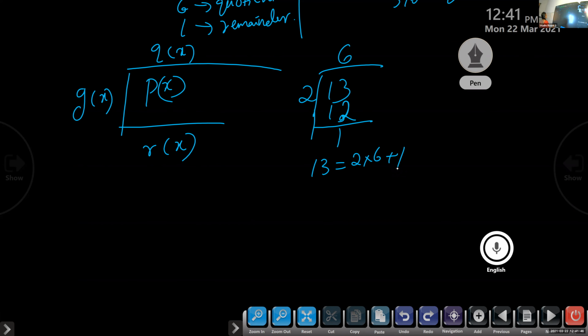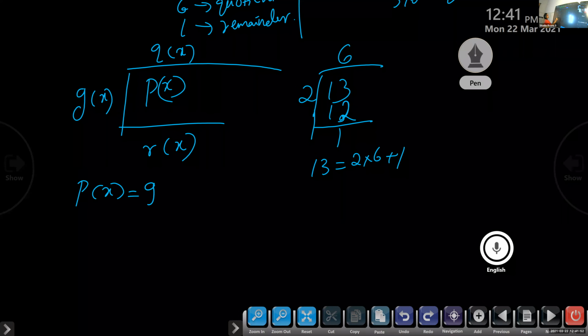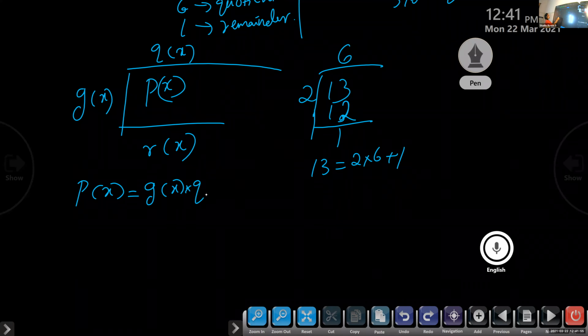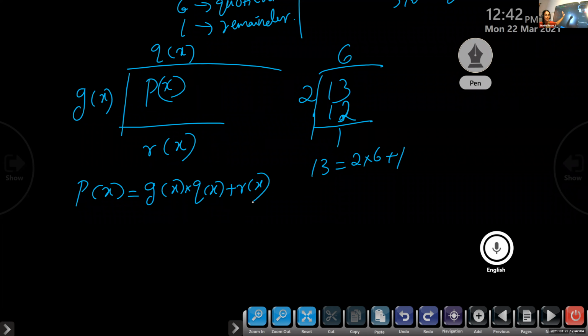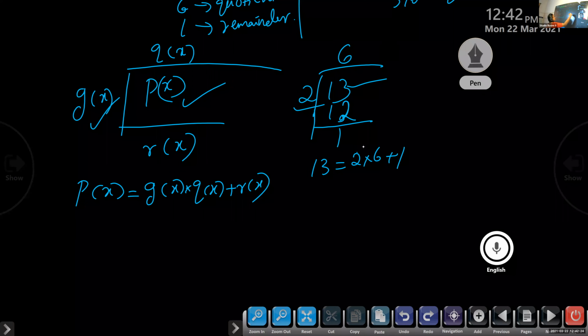The same way, here we can write P of X equals G of X into Q of X plus R of X. Here 13 is 2 into 6 plus 1, so P of X equals G of X into Q of X plus the remainder R of X.